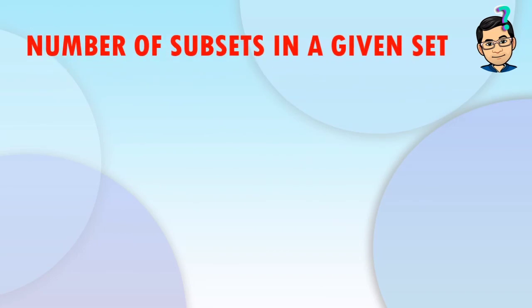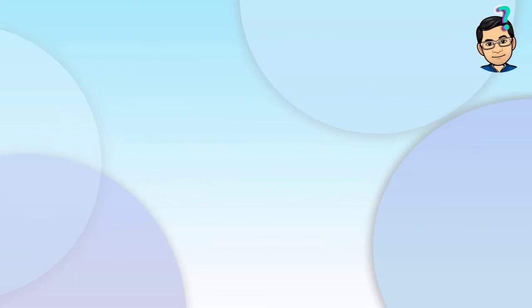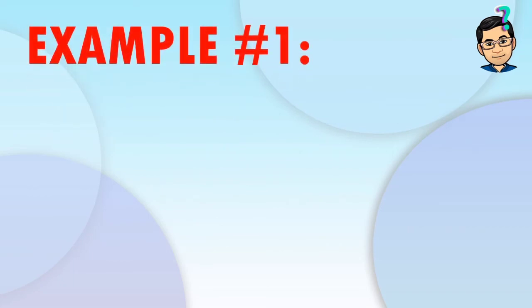Let's have the number of subsets in a given set. To determine the number of subsets in a given set, use the formula 2 raised to n, where n is the number of elements in the set. So, let's have example number 1 para mas maintindihan nyo kung ano ba yung number of subsets in a given set.